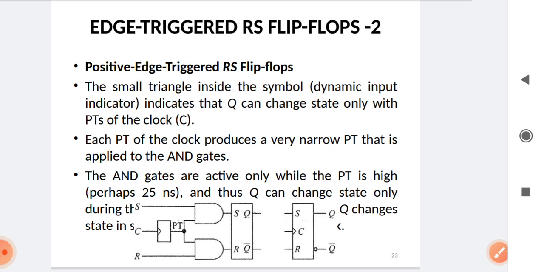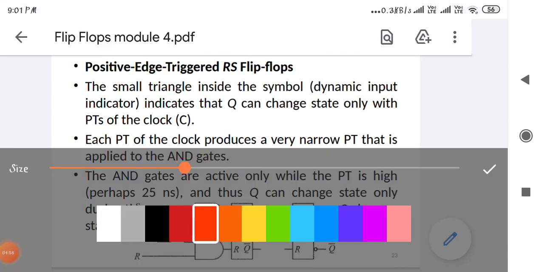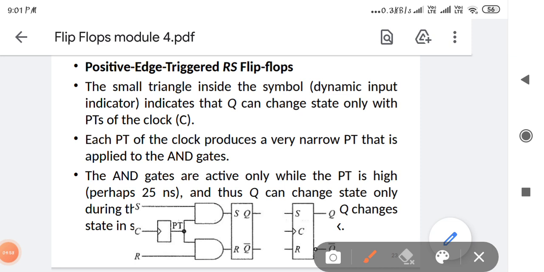Each positive transition of the clock produces a very narrow positive pulse that is applied to the AND gates. The AND gates are active only while the pulse is high, for a period of about 25 nanoseconds.